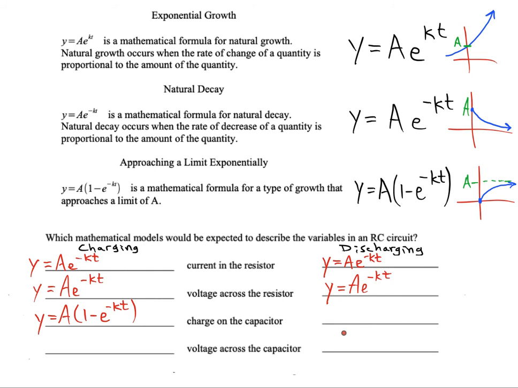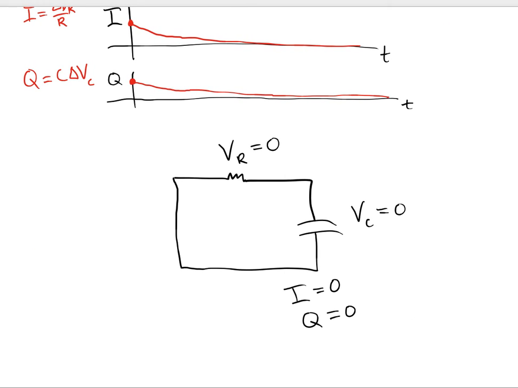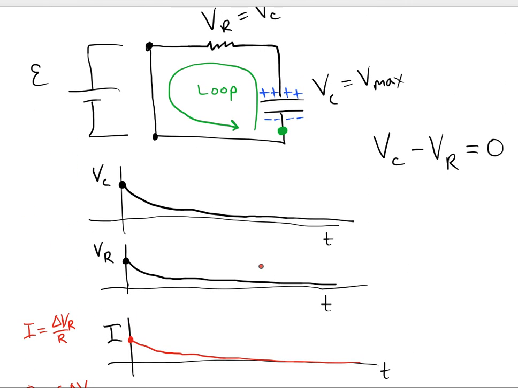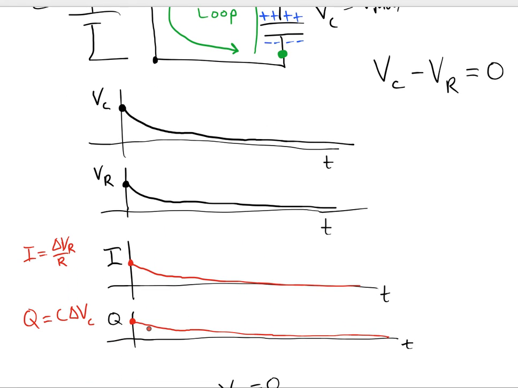When we're discharging, though, we want the exponential decay formula. This is shown here in our example of discharge, where the charge on the capacitor starts off high at Q max, and then it goes down to 0 as time goes on.